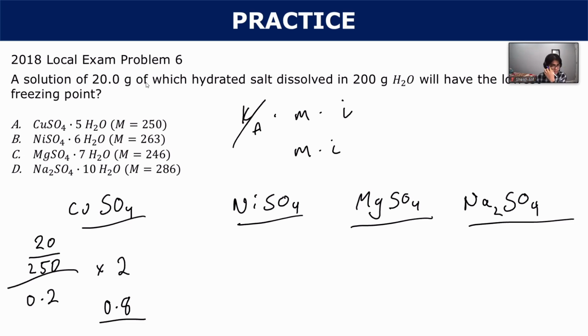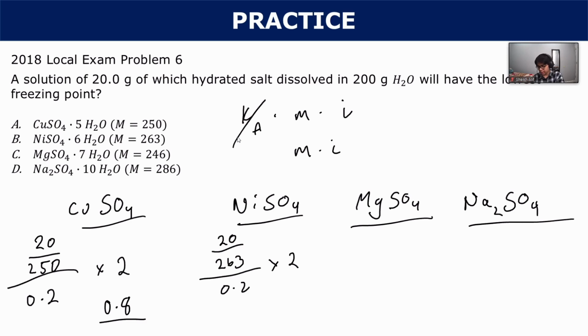But we can't really tell anything about if this is going to be the highest or the lowest without looking at the others as well. Next up is nickel sulfate. So our molality is going to equal 20 divided by 263 over 0.2. And its i value is also going to be 2 because it's a strong electrolyte.